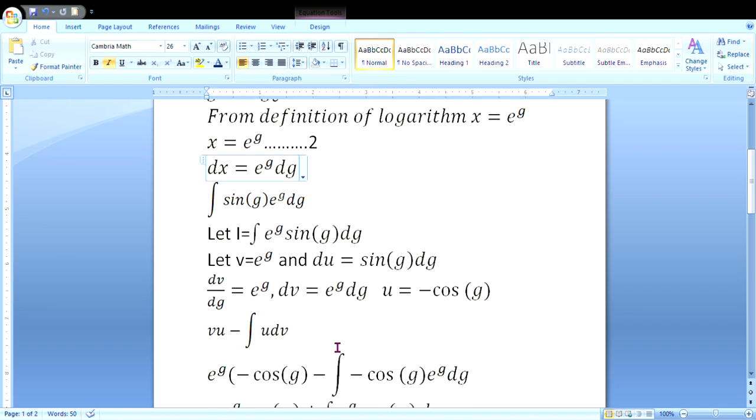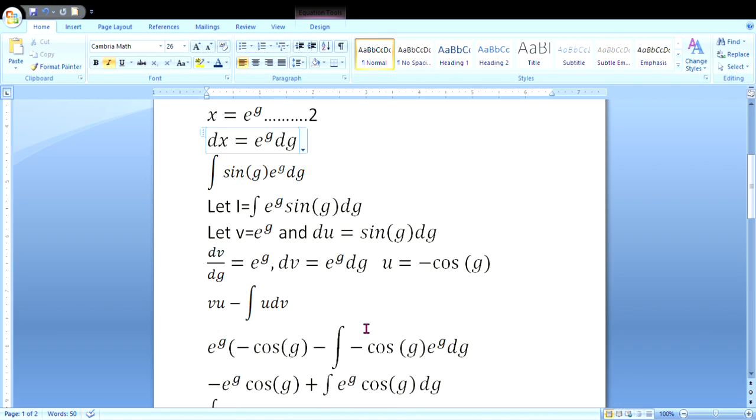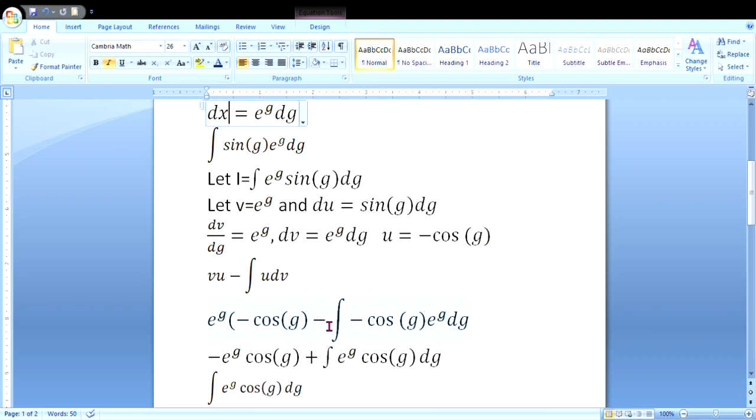The formula for integration by parts is the integral of u dv equals uv minus the integral of v du. Substituting here, u is exponential g and v is minus cos g. Then minus the integral, v is minus cos g, and du is exponential g dg.